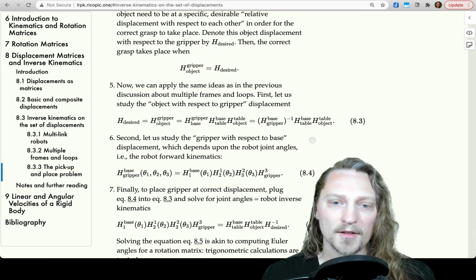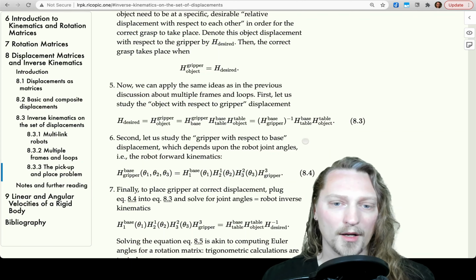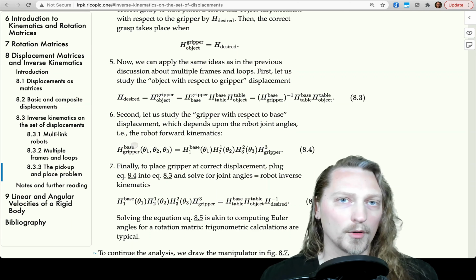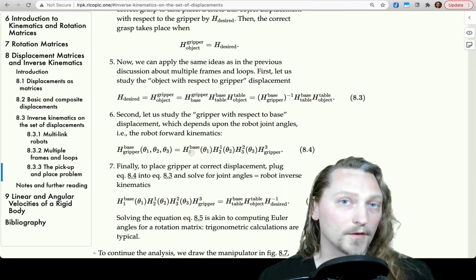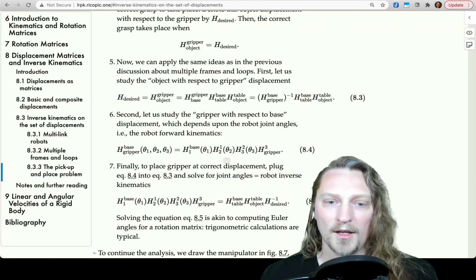Second, let us study the gripper with respect to base displacement, which depends upon the robot joint angles, i.e., the robot forward kinematics. So the gripper in terms of the base relationship or displacement is H1 in terms of the base, the first link displacement in terms of the base, the second link displacement in terms of the first link, the third link displacement in terms of the second, and then the gripper in terms of the third.